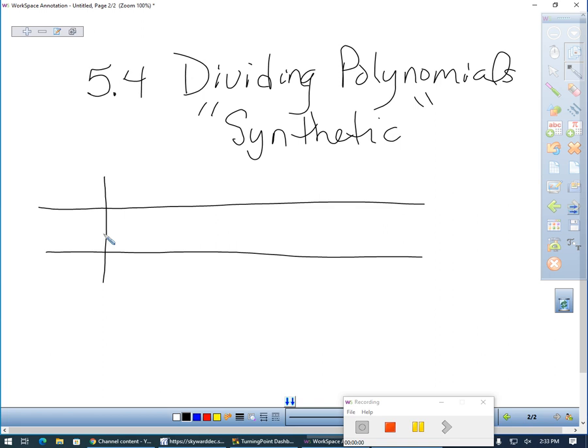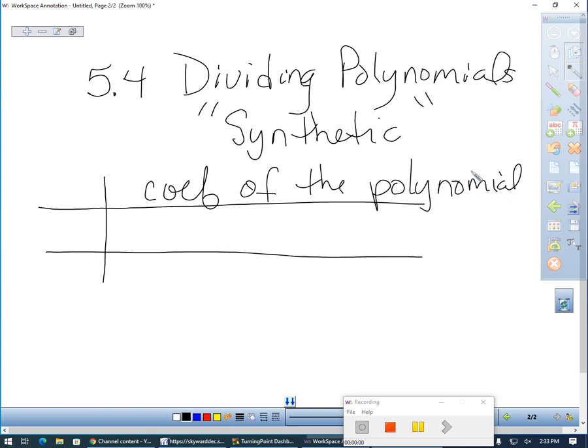In this one, across the top is going to be the coefficients of the polynomial. We're going to list the coefficients across the top. Out here on the side is the zero of the divisor, what we usually call our A value.